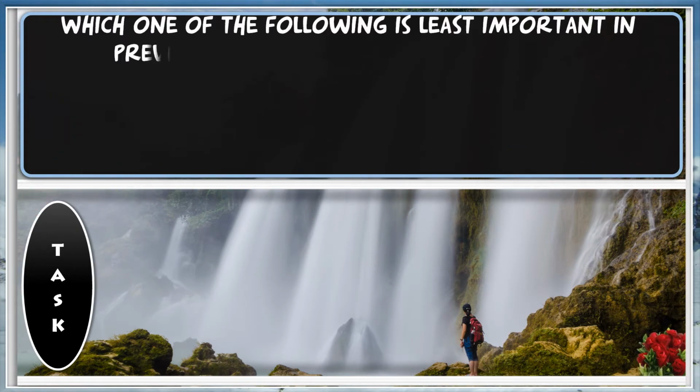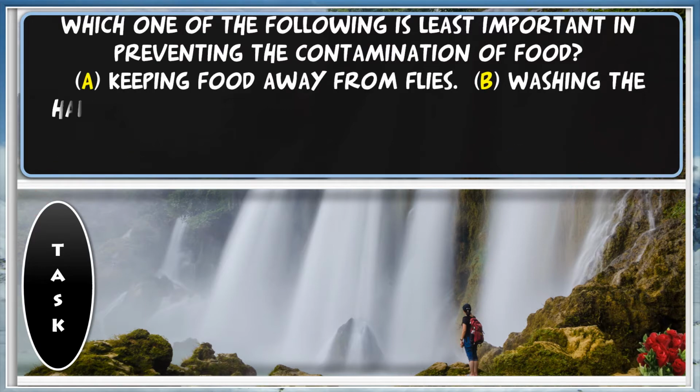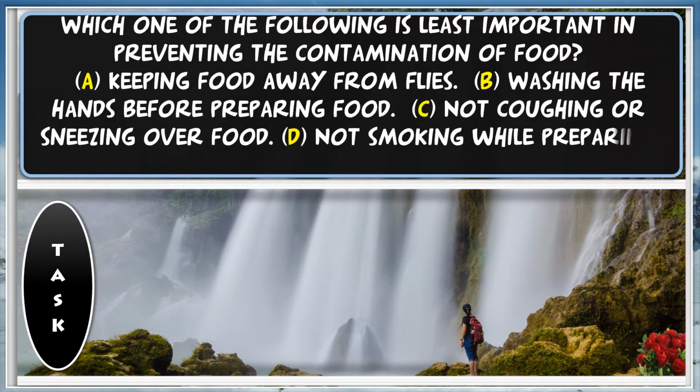Which one of the following is least important in preventing the contamination of food? A. Keeping food away from flies. B. Washing hands before preparing food. C. Not coughing or sneezing over food.